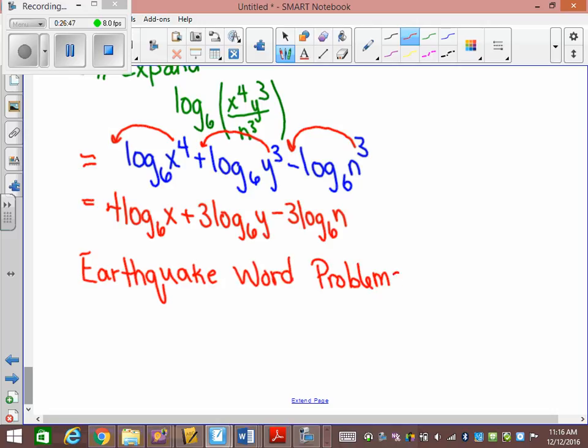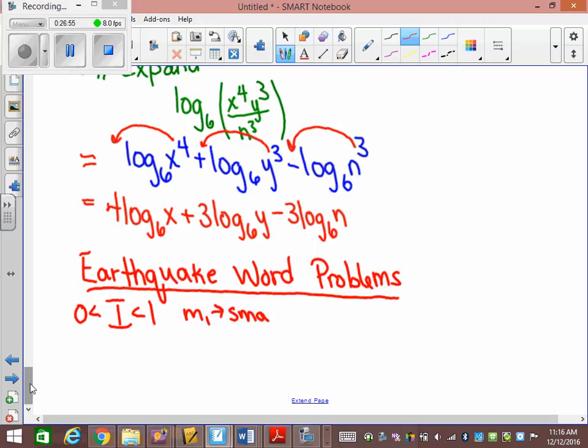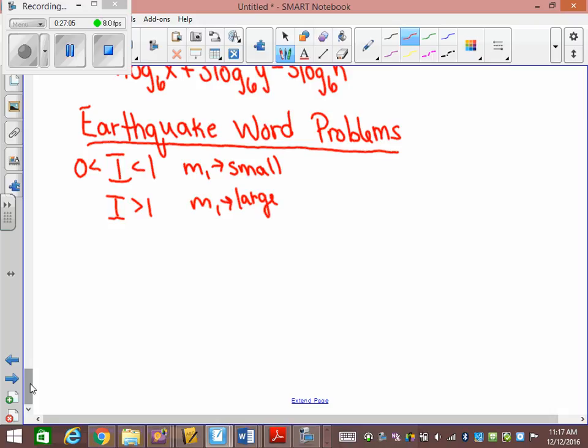Now, remember the earthquake word problems, the catch is if I is small, then M1 is small. If I is large or greater than 1, M1 is large. So I want you to go over those, and I want you to go over the pH ones, but we don't have a whole bunch of time, and I want to go over a couple things. Okay?